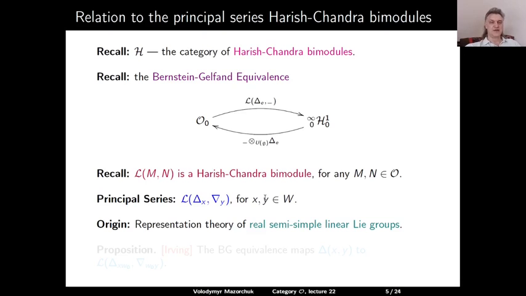Our main observation about the connection of twisted Verma modules and principal series Harish-Chandra bimodules is the following statement by Irving, that the Bernstein-Gelfand equivalence maps the module delta x,y to the bimodule L(delta x w0, nabla w0 y).